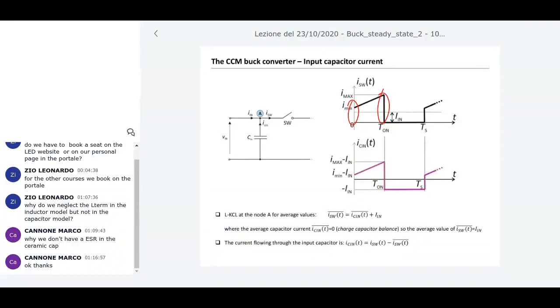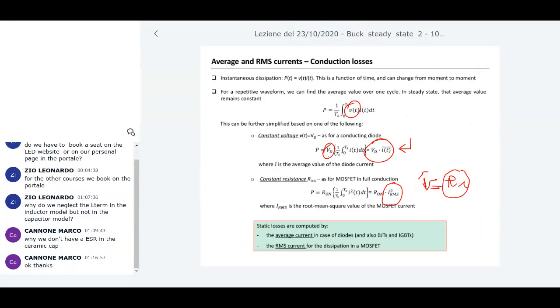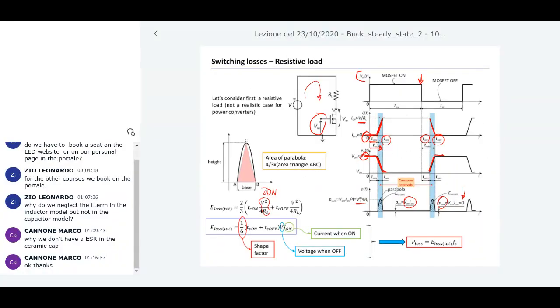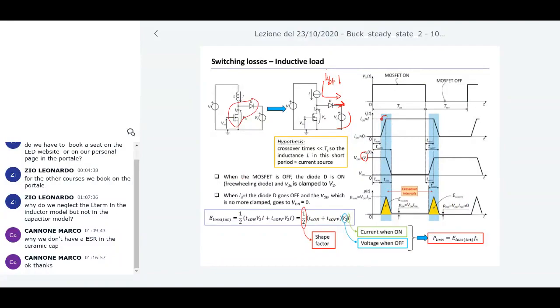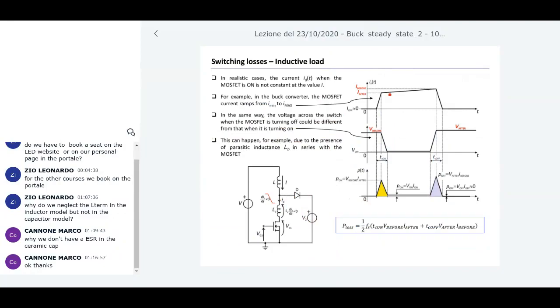So I can apply that kind of expression to this switch current. Now the switch current has two different currents: one is I minimum, and the other one is I maximum. They are different. So the situation is not exactly the same as described here, in which the currents are the same, because now the situation is more similar to this one, in which the currents are different.